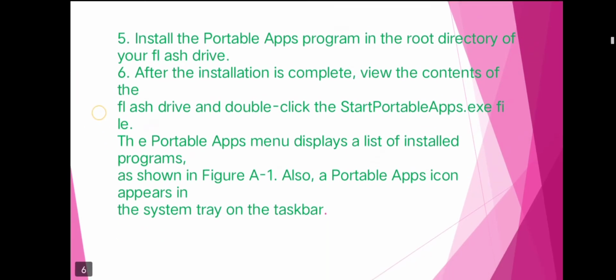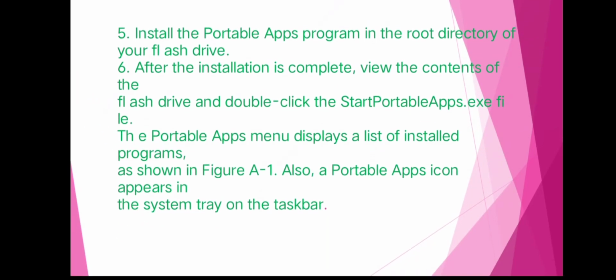Install the Portable Apps program in the root directory of your flash drive. 6. After the installation is complete, view the contents of the flash drive and double-click the Start Portable Apps .exe file. The Portable Apps menu displays a list of installed programs as shown in Figure A1. Also, a Portable Apps icon appears in the system tray on the taskbar.